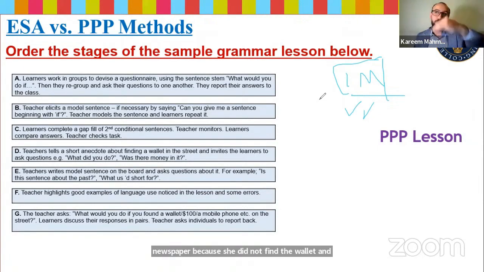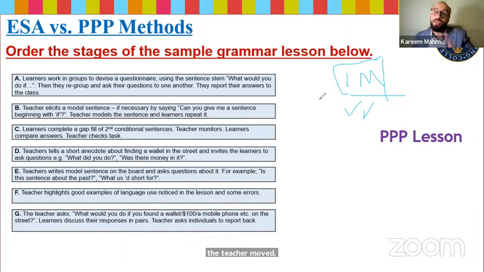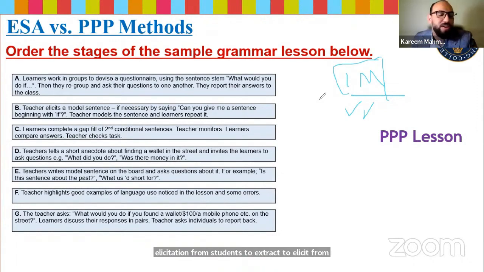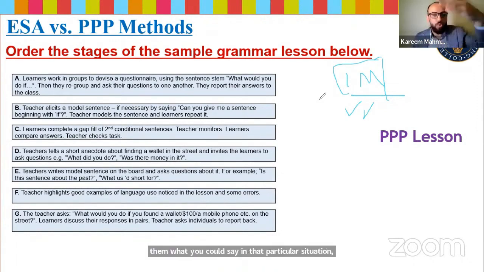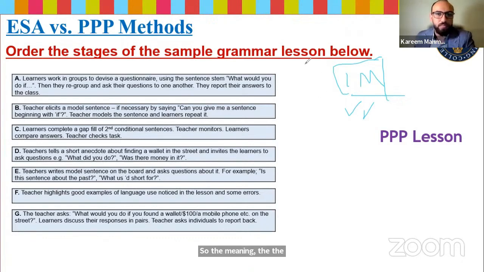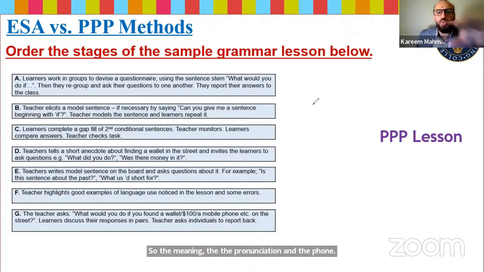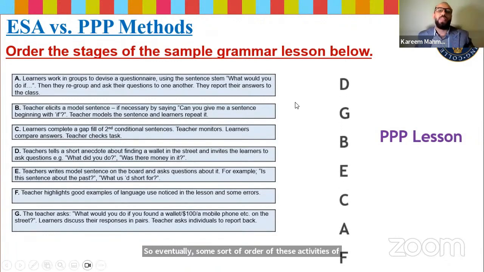And then the teacher moved to introduce the target language by starting the elicitation from students, to elicit from them what they could say in that particular situation. And eventually he worked on what we call the MPF: the meaning, the CCQs, the pronunciation, and the form. So some sort of order of these stages can be like that.